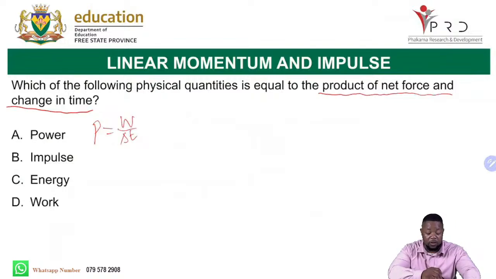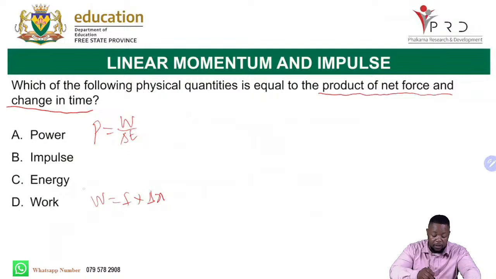The power, you see that the formula for power is given as W over delta T. The formula for work will be the force multiplied by displacement. The energy will also be calculated from the same formula.